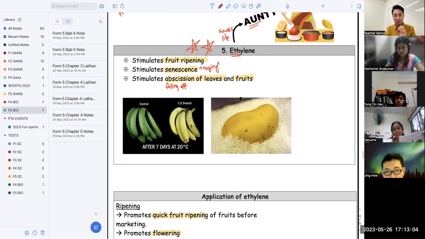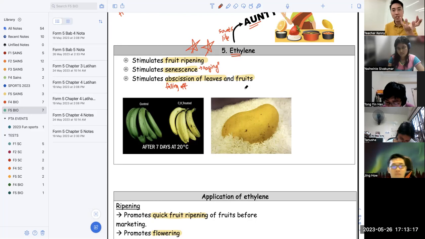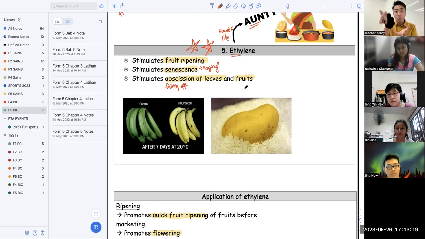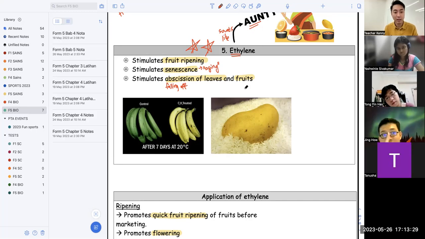Now, one of the ways to make the mango or the fruits ripen faster, there are many ways. Listen carefully. One way is to put the fruits next to fruits that ripen very fast. Can you think of fruits that ripen very fast? Like in a few days, you see the thing turn already. Okay, mango, some more.